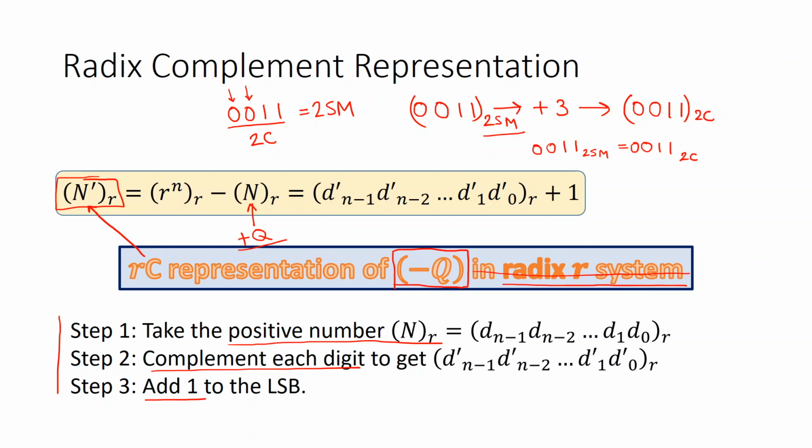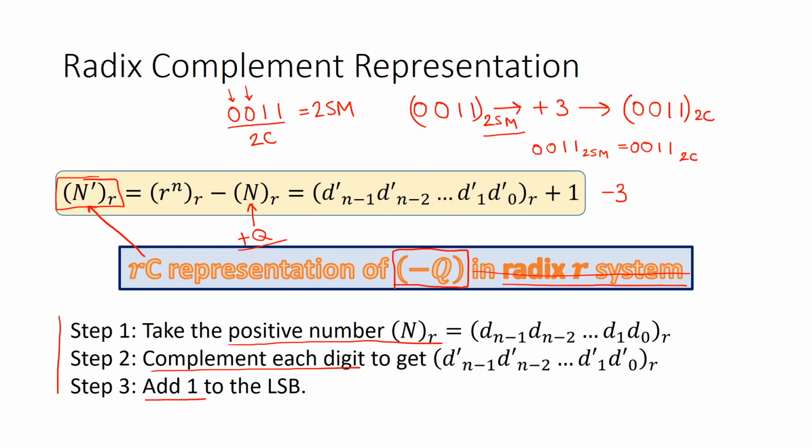Just doing a wrap up on radix complement representation. Suppose the question is to find out the 2's complement representation of -3 in so many number of bits.